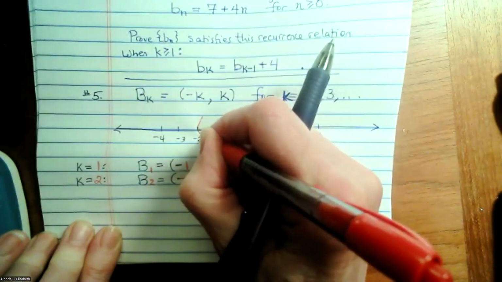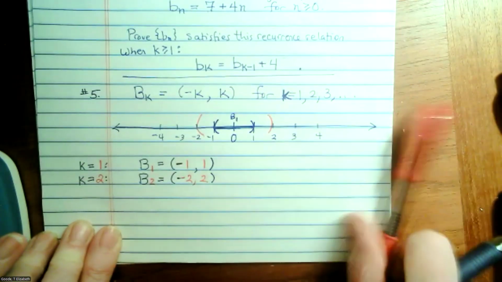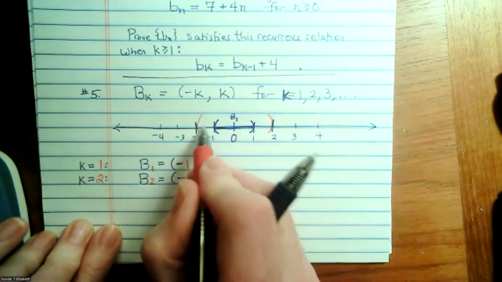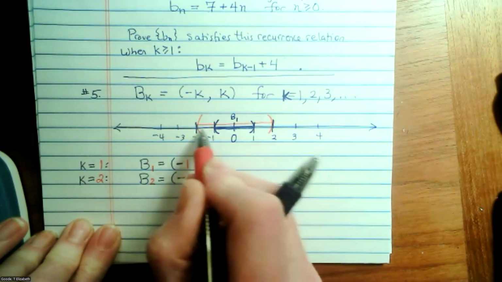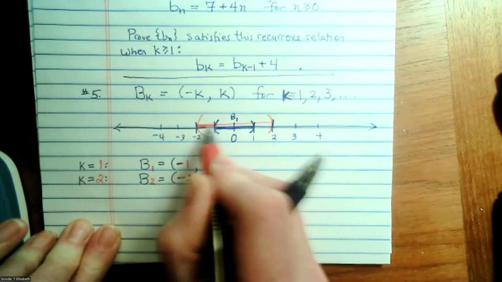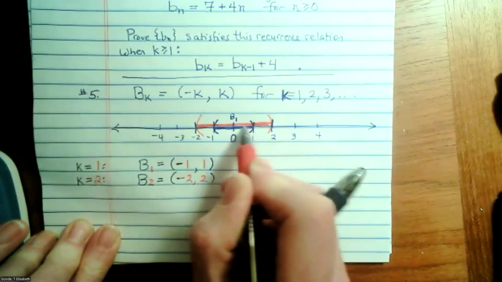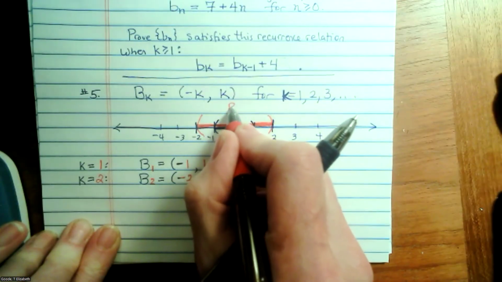So from -2 to +2, but not including those endpoints. But it's all the real numbers. Start at -2, but not including the -2, all the way across, including all of the real numbers that happen to be in b sub 1. Do you see that?